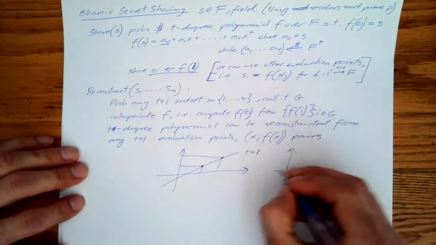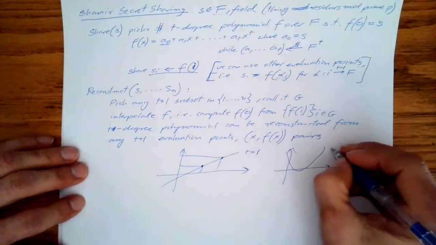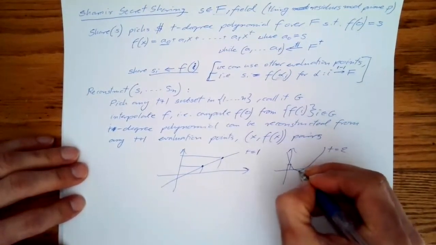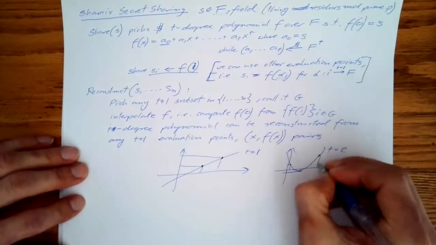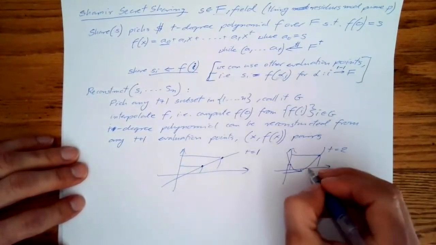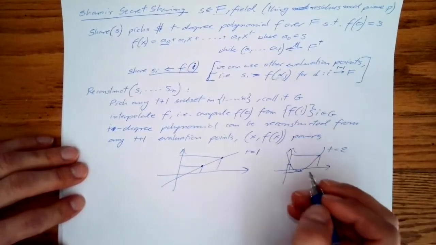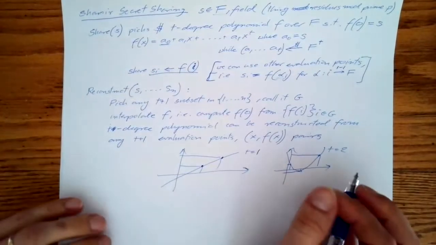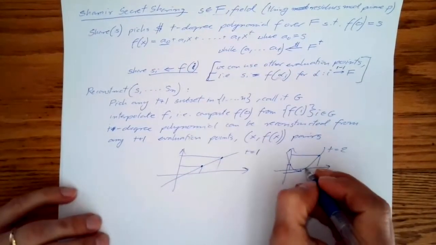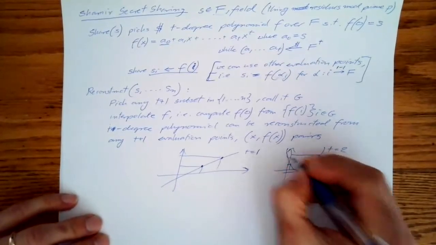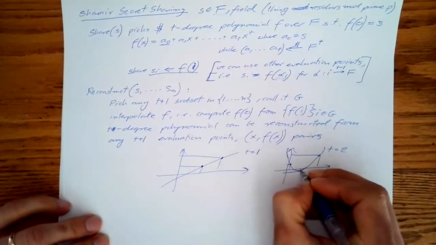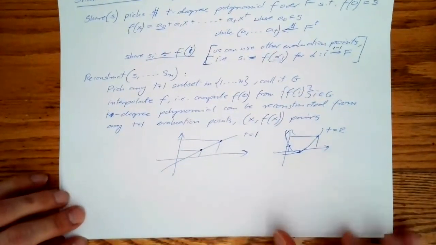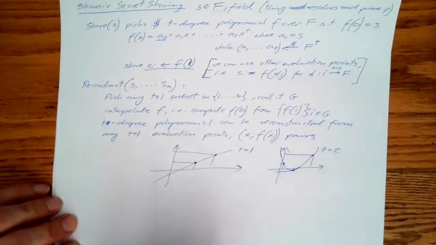And given any quadratic, if I give you 3 points, that suffices, although of course visually it's harder to see why 3 points suffice to reconstruct the quadratic. Okay, so how does the interpolation work?